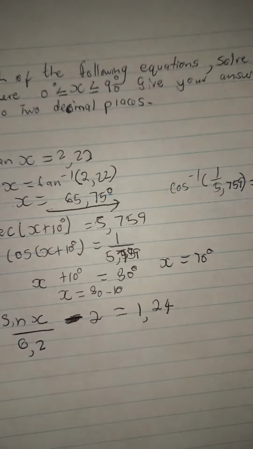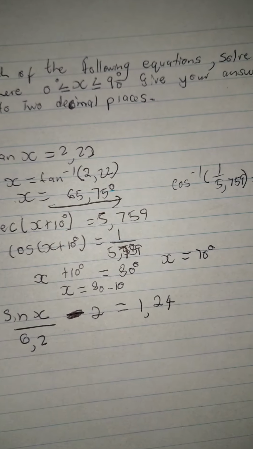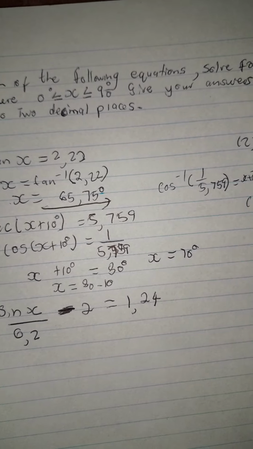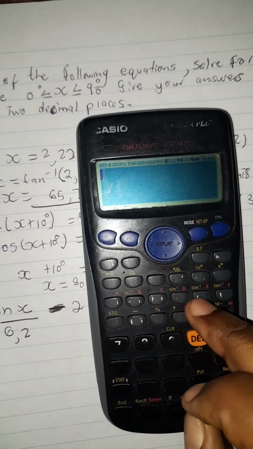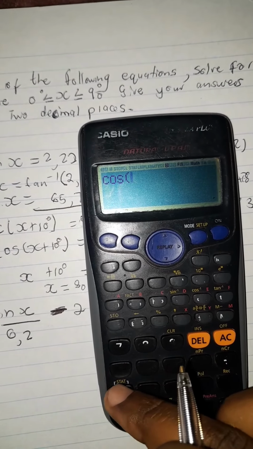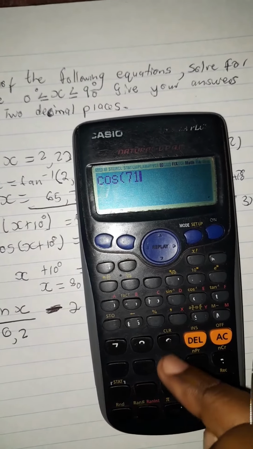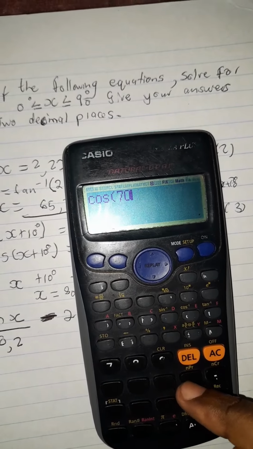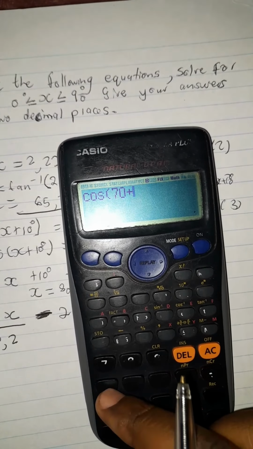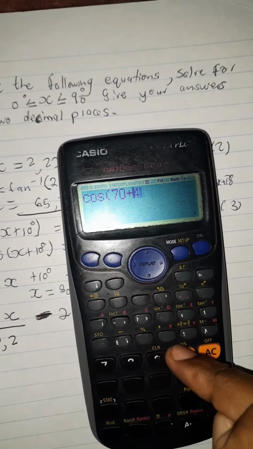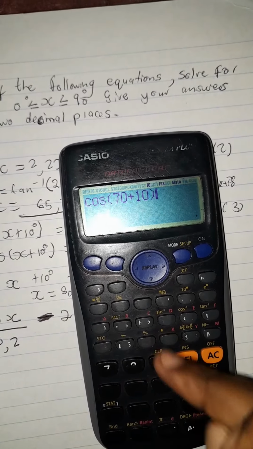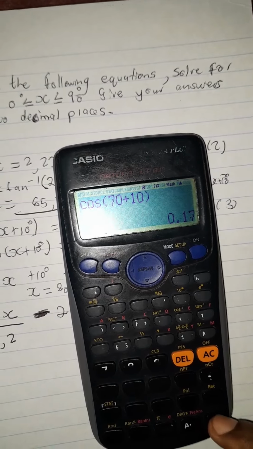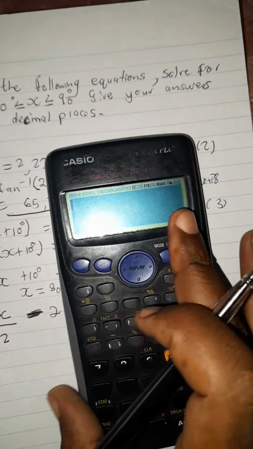So we can check that. We can check, which will in turn give you 70 degrees by going to cos. So where there is x, we shall substitute 70. Cos of 70 plus 10 degrees. What is that? That gives us 0.17.